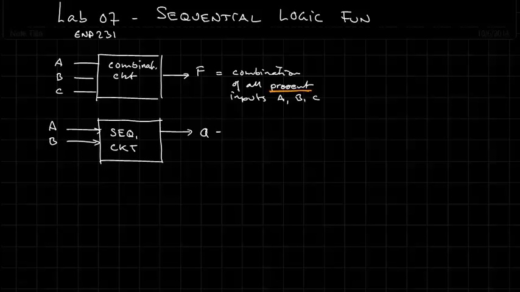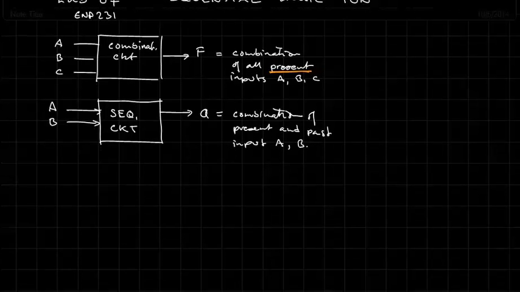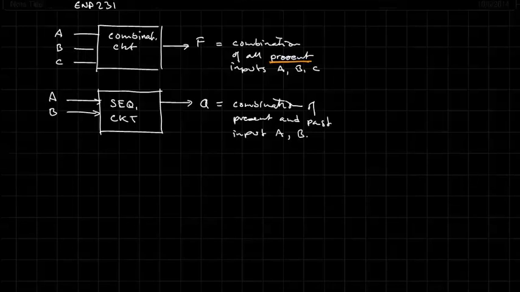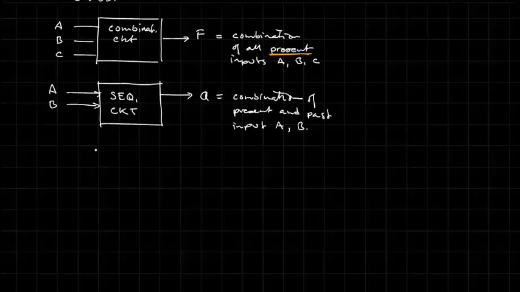Then Q is equal to a combination, in general, of present and past inputs A and B. And actually the way that you design a sequential circuit from a combinational circuit is really simple, and I want to just give you that basic idea now.